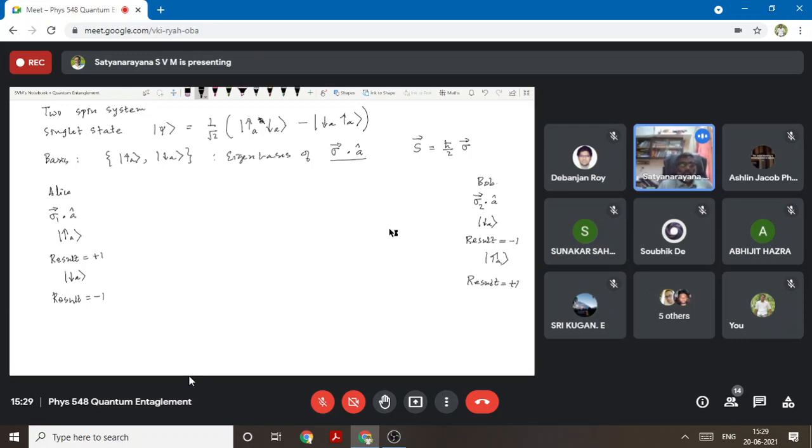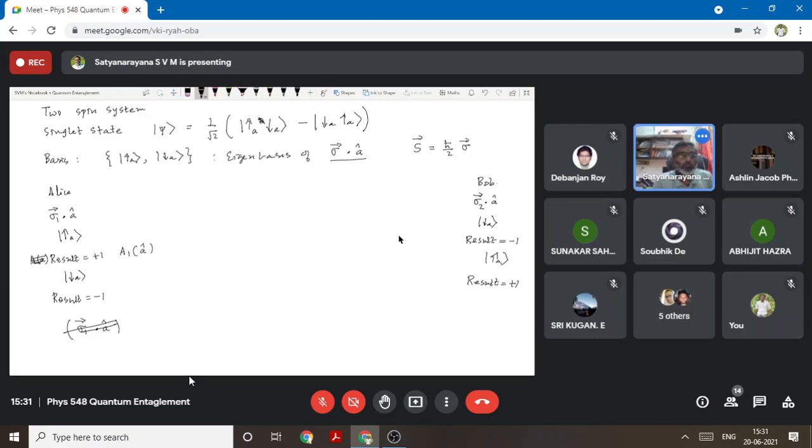If you ask what is sigma 1 dot A, the result of this one, we will call it A1 of A cap.